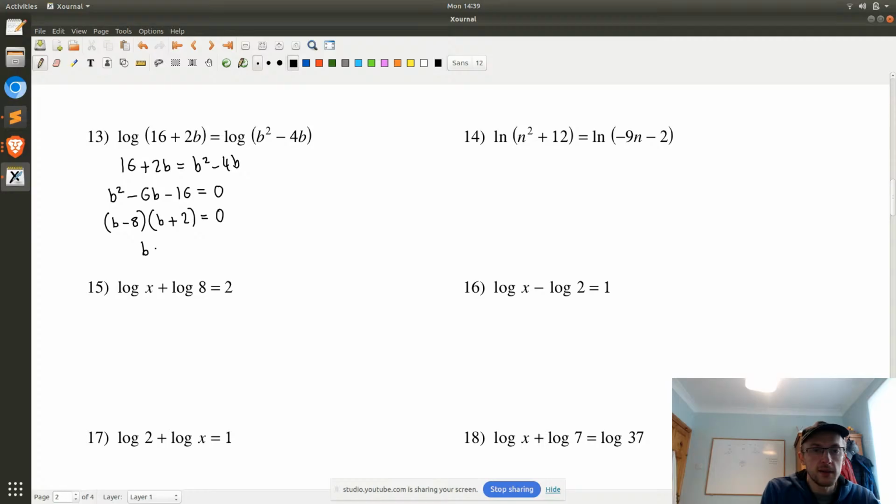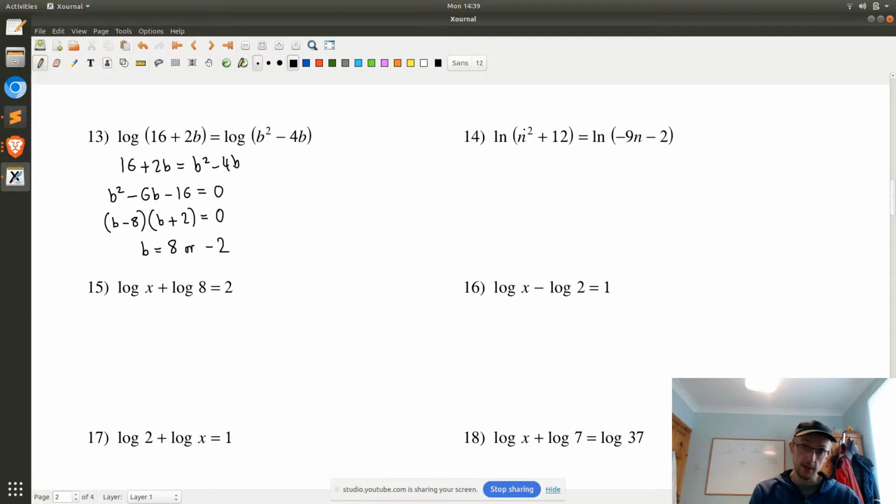And this tells us that b is either 8 or negative 2, but we must check to see if that makes sense. So 16 add 2 times 8 on the left, that's absolutely fine. 64 take 32 on the right, that's fine. 16 take 4 on the left, that's fine. 4 plus 8 on the right, that's fine.